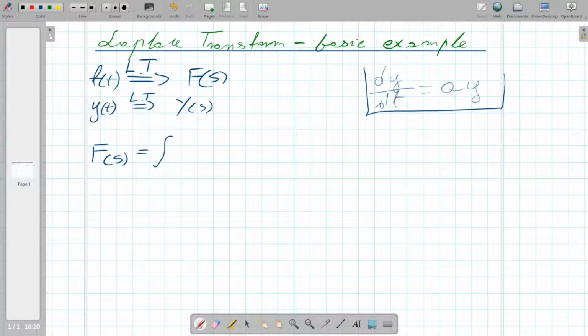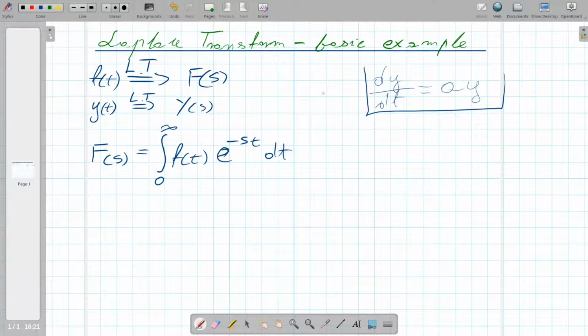It is the integration from 0 to infinity of the function f of t, the function we would like to transform, multiplied by e to the power of minus s times t, dt. When we perform this integration and apply those limits, you can see that t will disappear and we are left only with s, the Laplace variable.